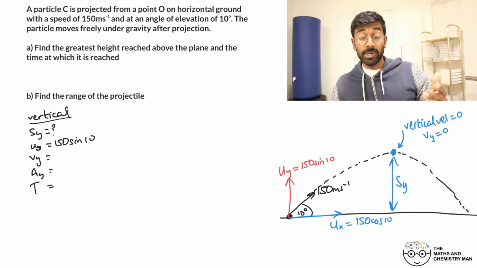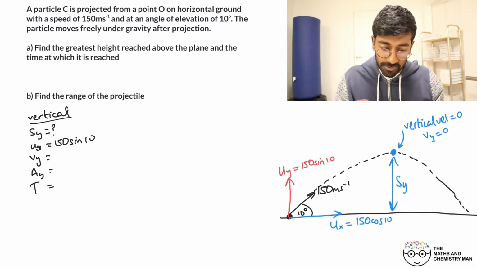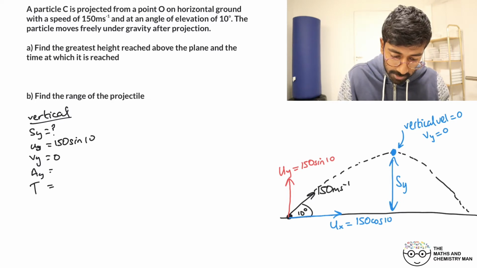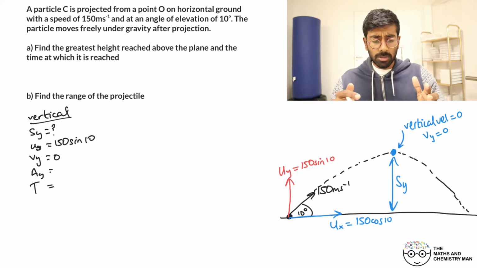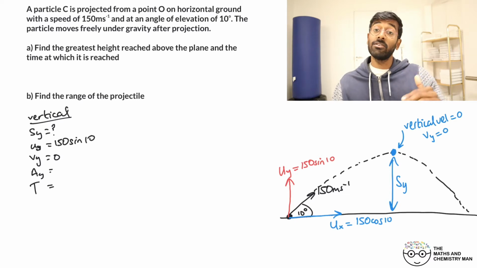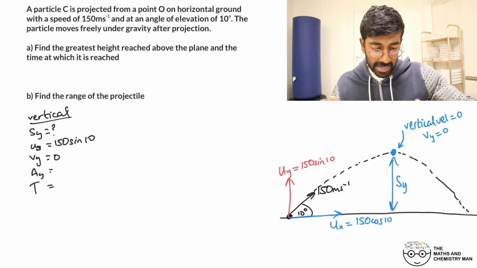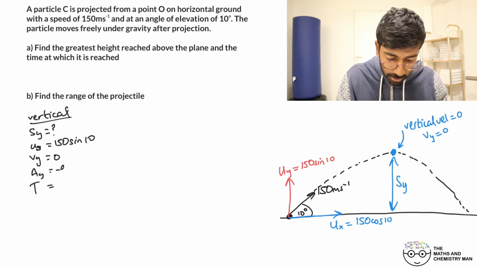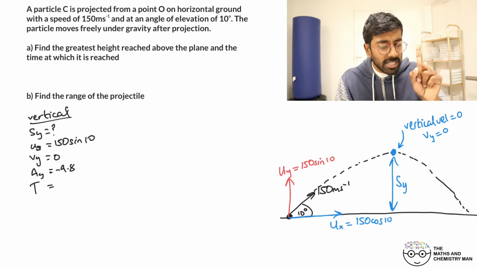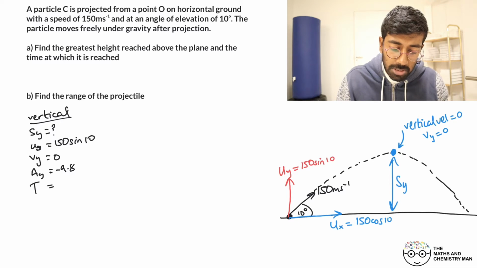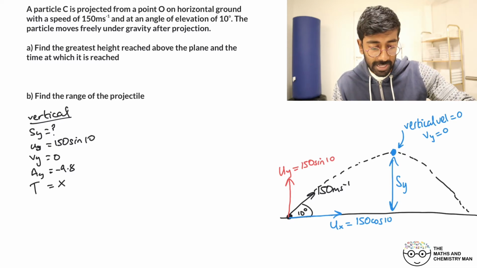We know that when it gets to that top height over there, v_y is going to be 0 because it stops there. Now acceleration is what we've got to fill in next. Because so far I've taken everything going upwards to be positive, acceleration acts downwards, and so that's going to need to carry a negative sign, so negative 9.8. And time we don't need to find just yet, right? So I'm just going to put a cross here for now. We can get rid of that later.